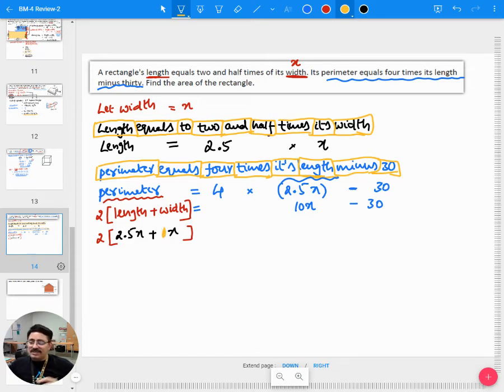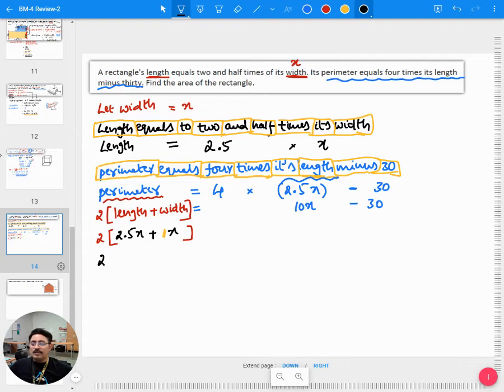Even in my previous session, several times I mentioned that if there is an apple, it is one apple. Why you are asked to take the coefficient? 2.5x plus x is difficult, whereas 2.5x plus 1x is 3.5x, right? So it's easy to compute.